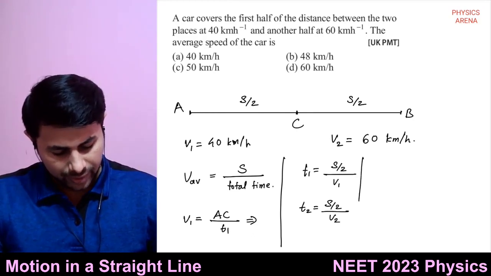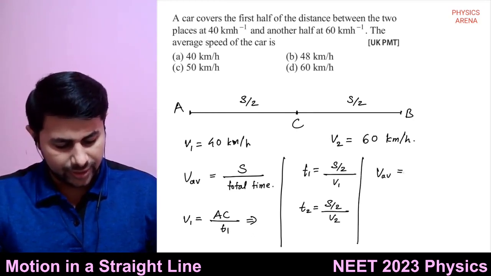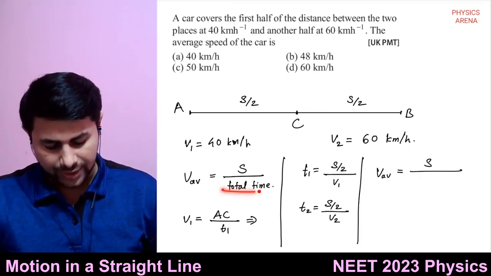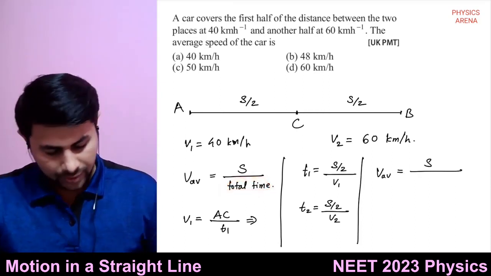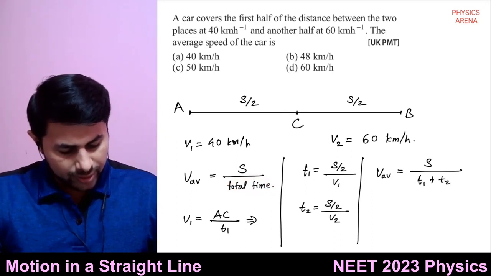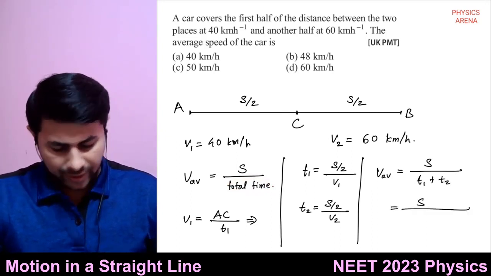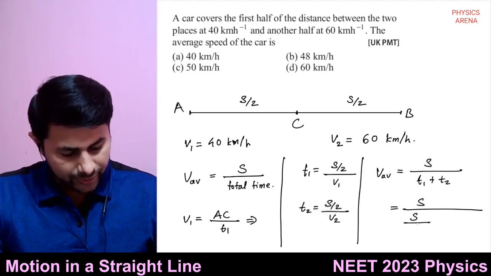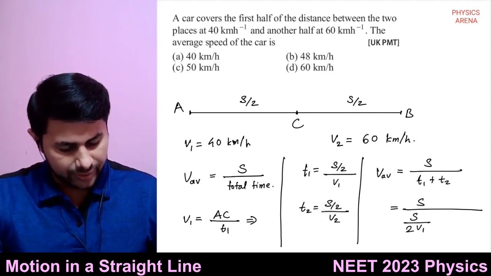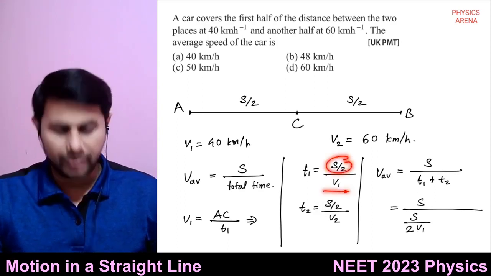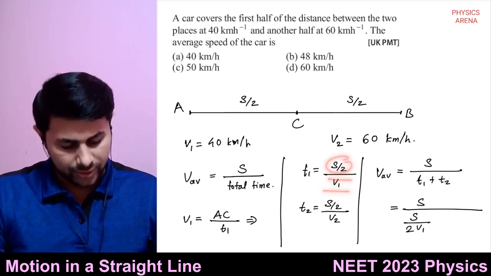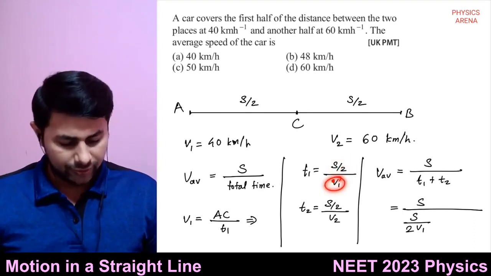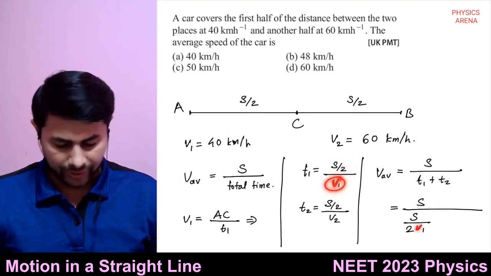See, the average speed is S divided by T1 plus T2, where the total time is T1 plus T2. So that is equal to S divided by, what is T1? It is S upon 2V1, so this 2 goes in the denominator, in multiple of V1.